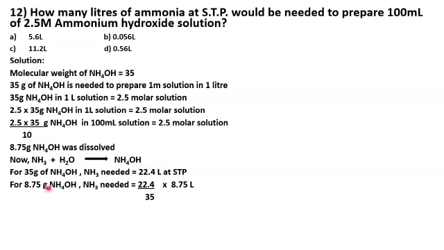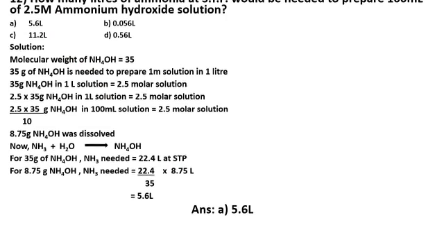So for 8.75 gram of ammonium hydroxide, NH3 needed is 22.4 divided by 35 into 8.75 liter. So the answer is 5.6 liter, option A.